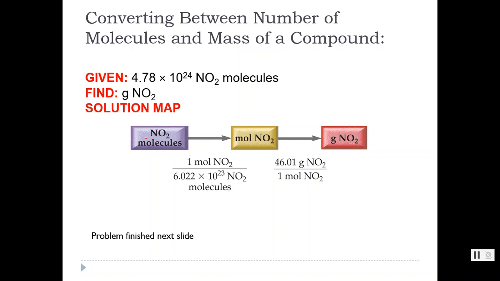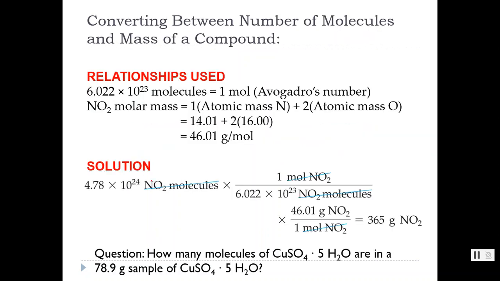There is no direct path between molecules and grams. You've got to go through the chemist's favorite unit, the mole. So I first need to convert my molecules of NO2 to moles using Avogadro's number. Then I can convert my moles of NO2 to grams by using the molar mass of NO2. What I just said is sort of shown here, but in more detail in this slide.